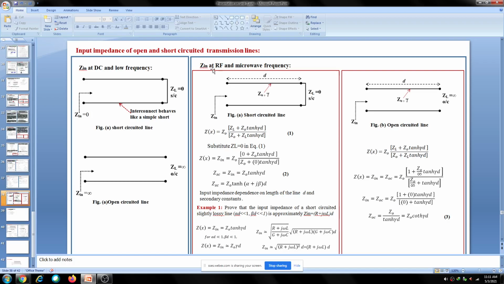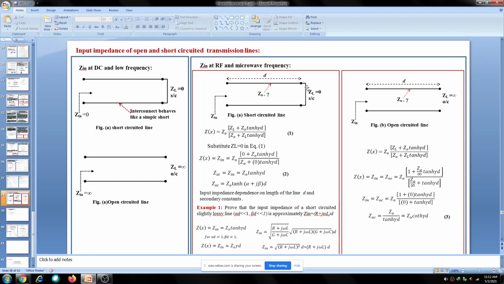We are taking a particular length equal to d, measured from the load point. As I said, the input impedance is a function of distance, and based on the value of d, Zin changes here.